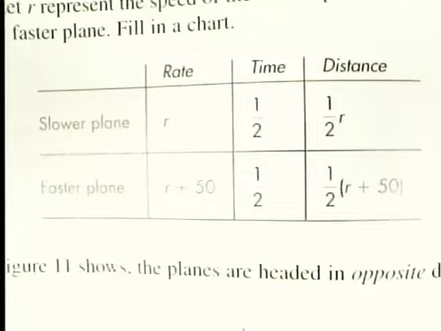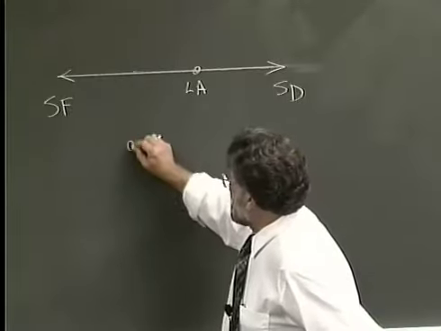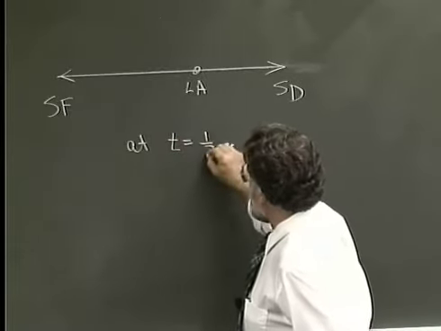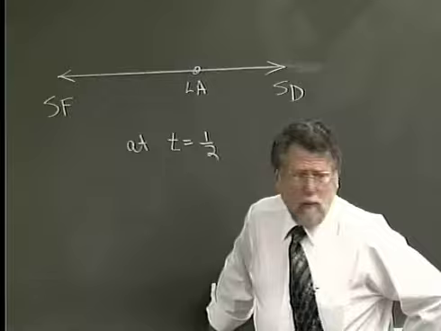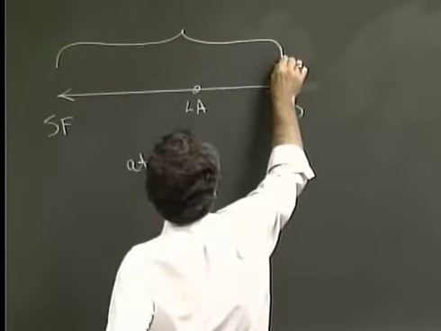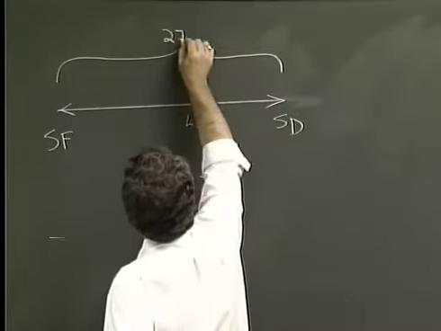At the end of 1/2 hour. So at t equals 1/2, then we're saying that this total distance here is what? 275, correct?